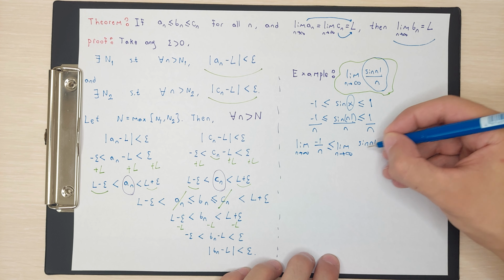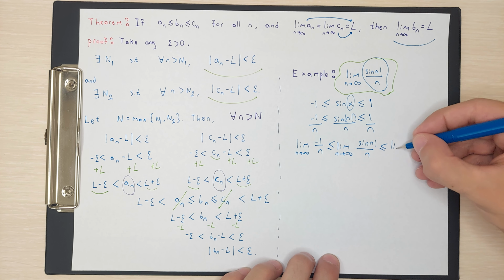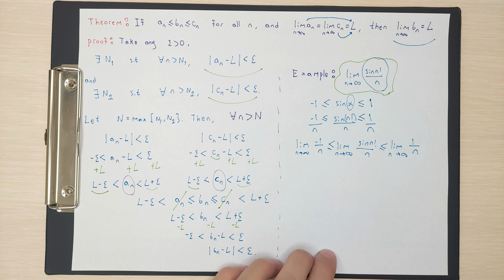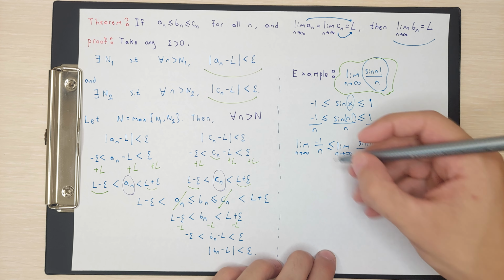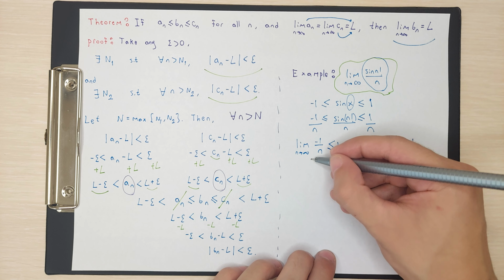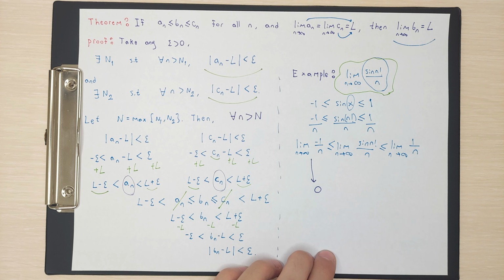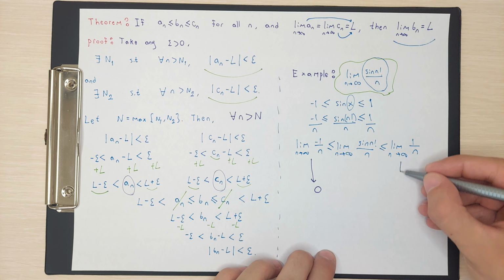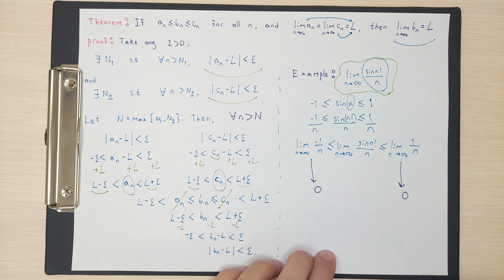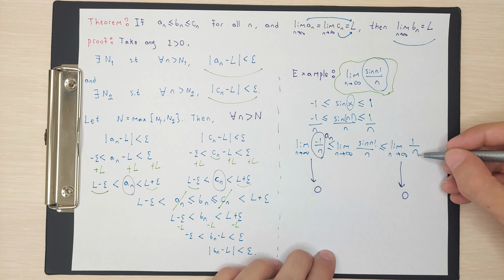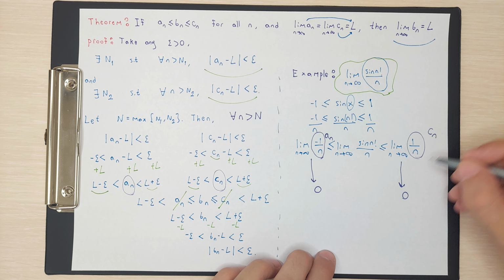We have sine n factorial over n and the limit as n tends to infinity of 1 over n. Now can you see that or not? The limit when n tends to infinity of -1 over n tends to 0, right? Similarly, the limit as n tends to infinity of 1 over n tends to 0. So you can think that this is an, this is cn.